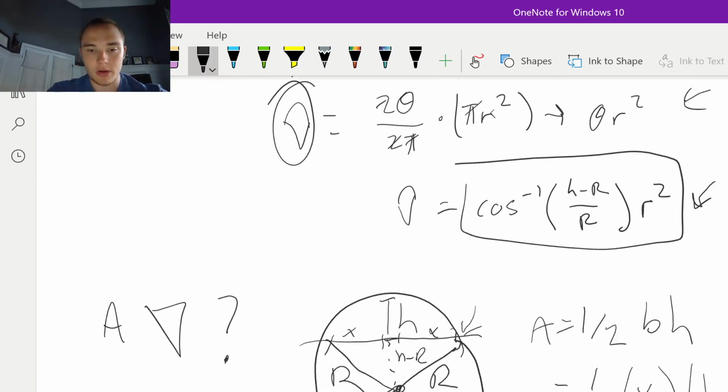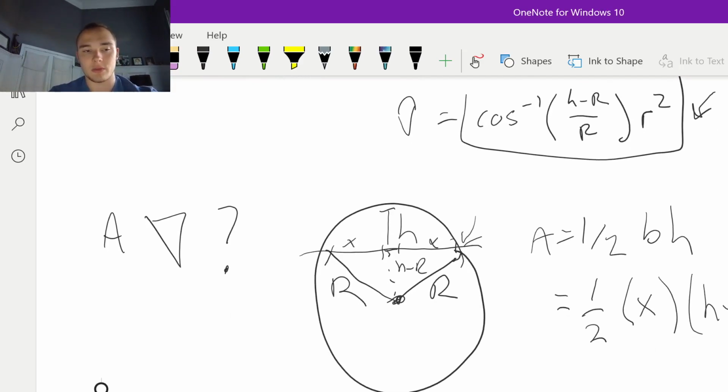Now we need to solve for x. We don't know what x is. But if we use our triangle again, like we did with theta, we can figure out what x is. I'm going to draw the triangle by itself over here. You have x, you have r, and you have your h minus r right here. You can see that our hypotenuse is r, and you can use the Pythagorean theorem.